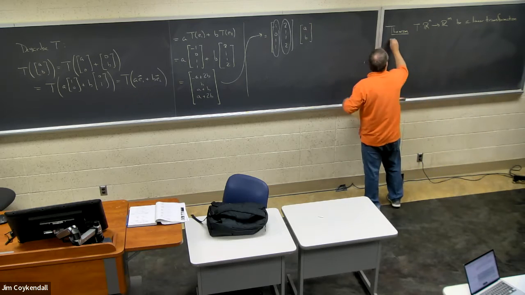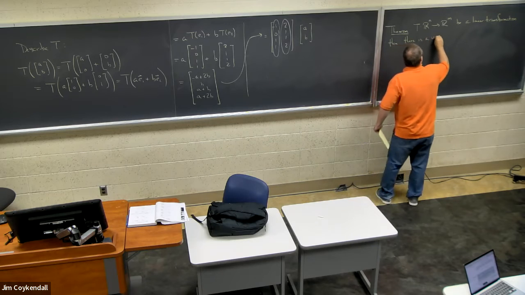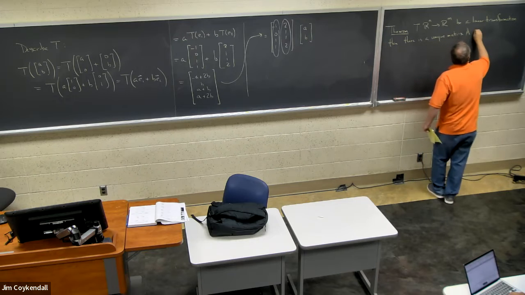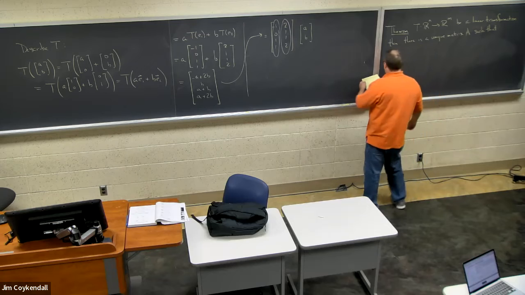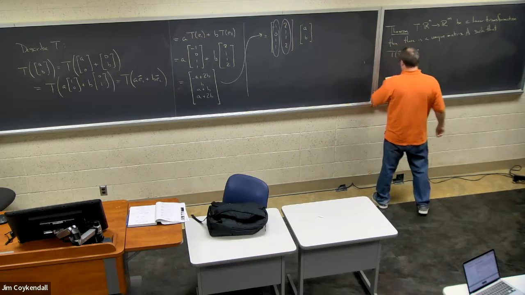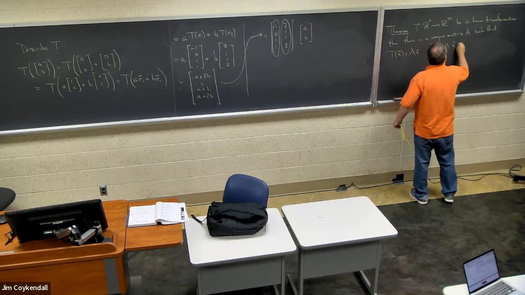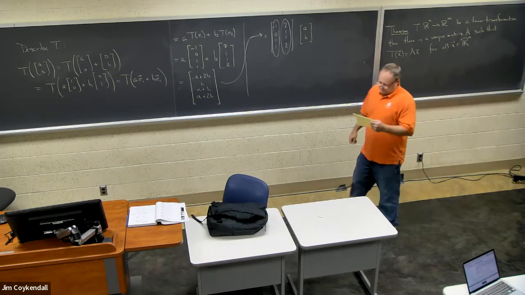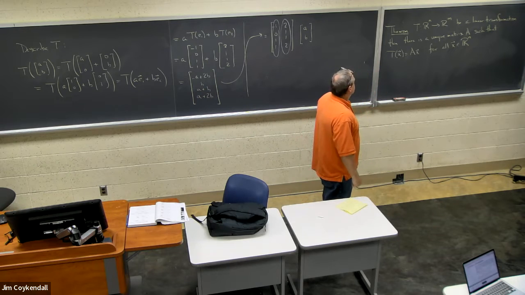Then there exists a unique matrix A such that T of X is AX for every vector X that lives in Rn. Okay.